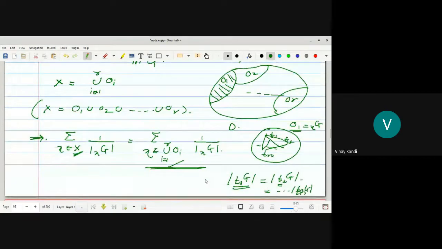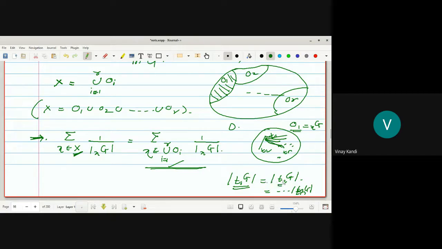Suppose these n elements are there in O1. This is T1, this is T2, up to Tn. T1 is related to T2, T3, T4, T5, up to Tn. That means order of T1g is equal to n.